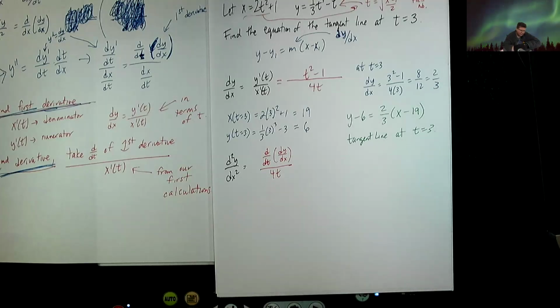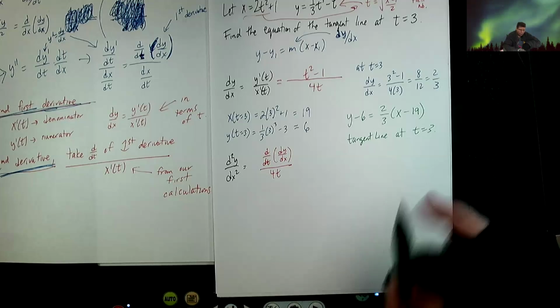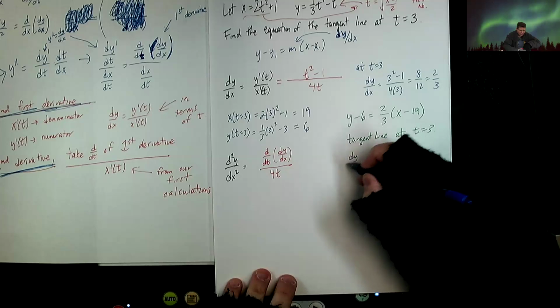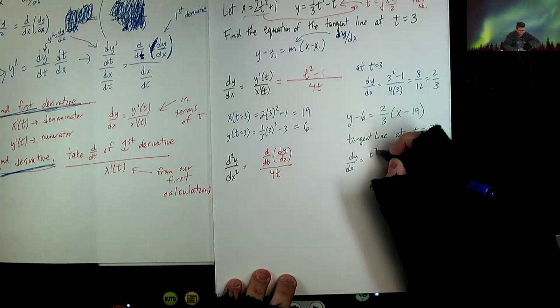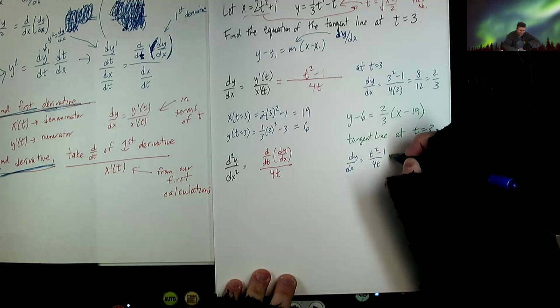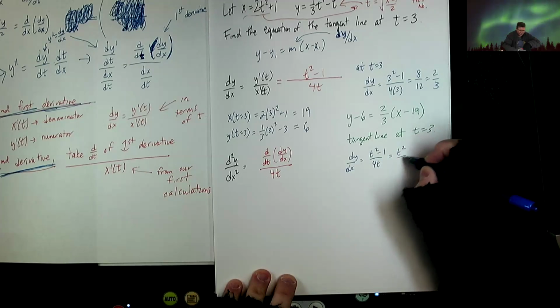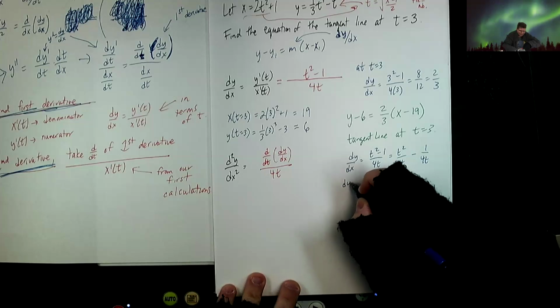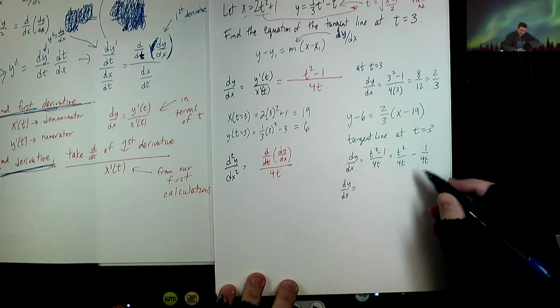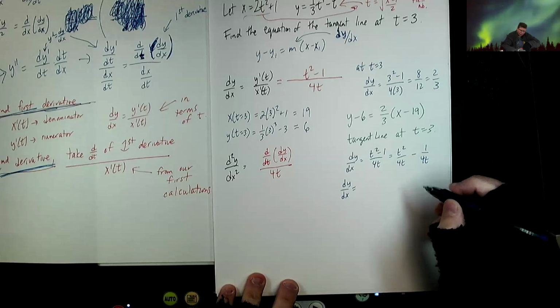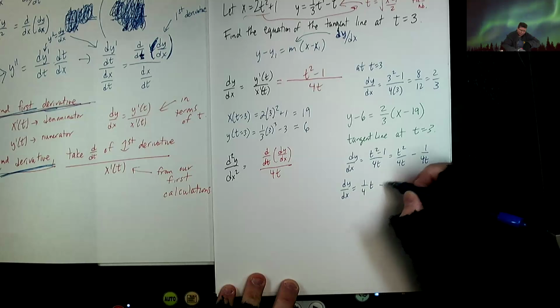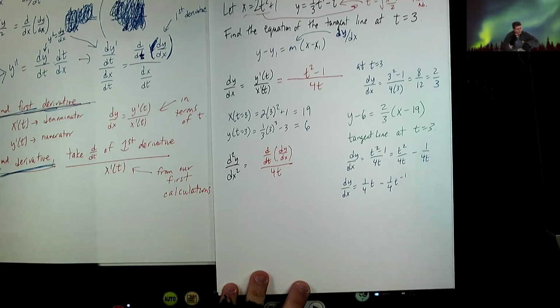Now, I really don't want to do the quotient rule. So I'm going to write dy/dx, t squared minus 1 over 4t, as t squared over 4t minus 1 over 4t. So dy/dx is 1/4 t minus 1/4 t to the negative 1.